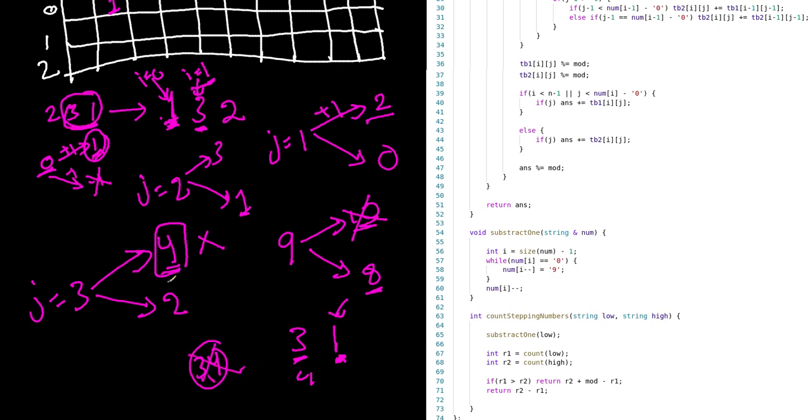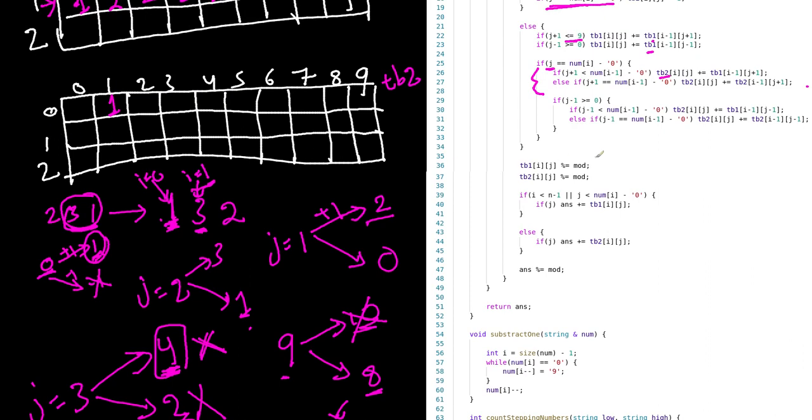This is why for TB2 we need to check if the value is not less than 9, but it's less than the previous number value. So 4 is greater than 1, so this is invalid. Also 2 is greater than 1, so this is invalid. So nothing happens to TB2.